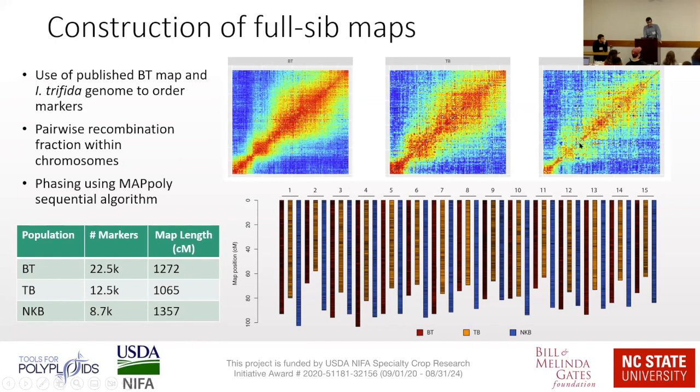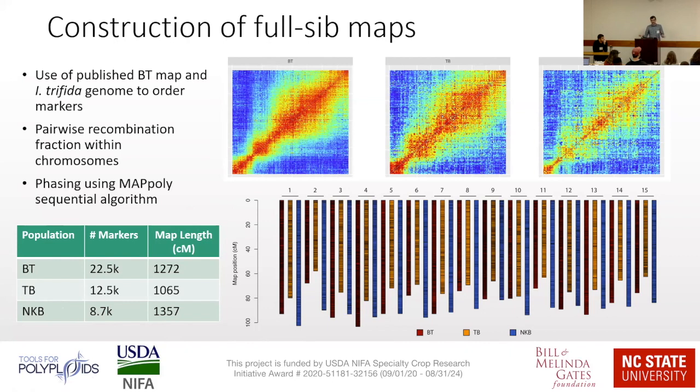For the last one, NKB, you can see this shape as well, but it's not any closer than the first population. But anyway, you can build your map in each one of these populations. The difference is that you have many more markers in BT because we had to be more stringent in TB and NKB, but you can still manage to build your map.